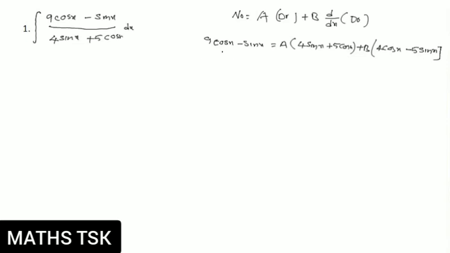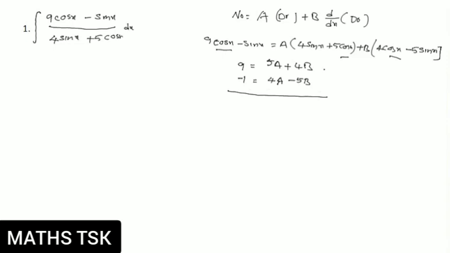So when you compare the coefficient of cos x, you'll get 9 is equal to 5a plus 4b. When you compare sin coefficients, you'll get minus 1 is equal to 4a minus 5b. Right. You have to solve these two.